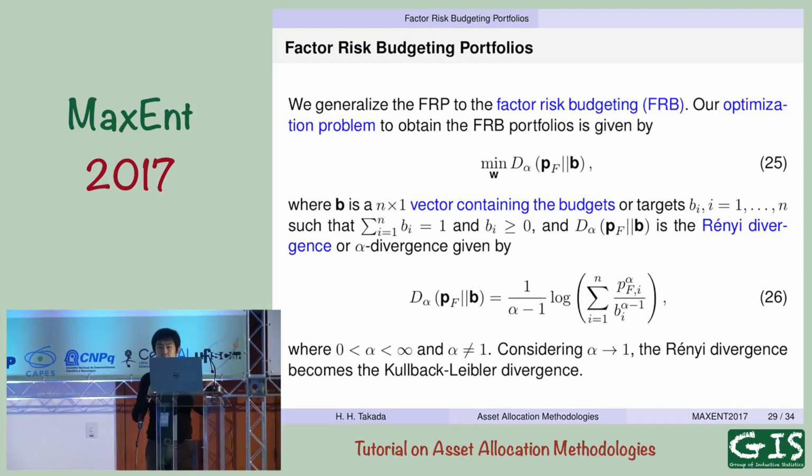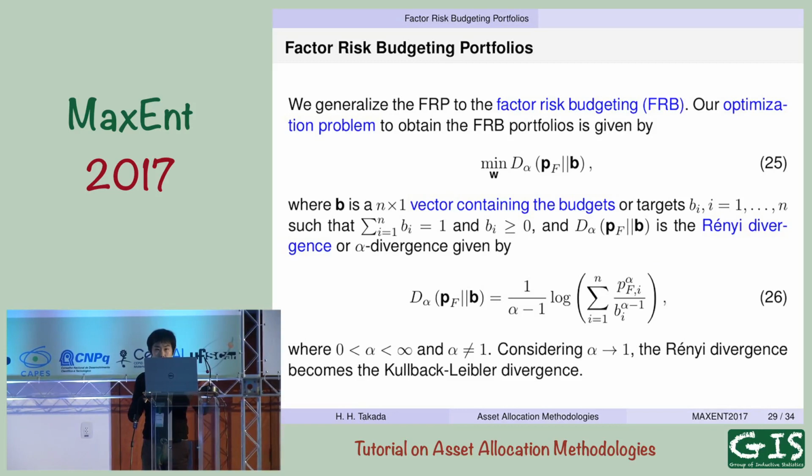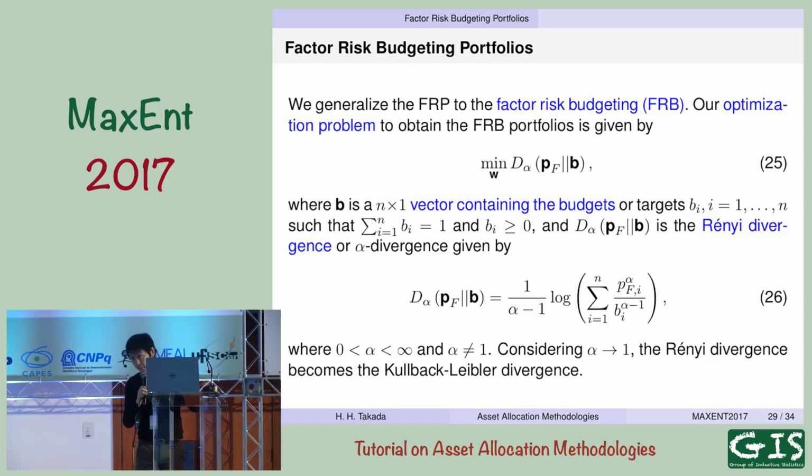And just to finish here, we have the factor risk budgeting problem. So the risk budgeting problem considering factors is the factor risk budgeting. And the optimization problem is given here, and here D alpha is the Rényi divergence, given here, the expression.